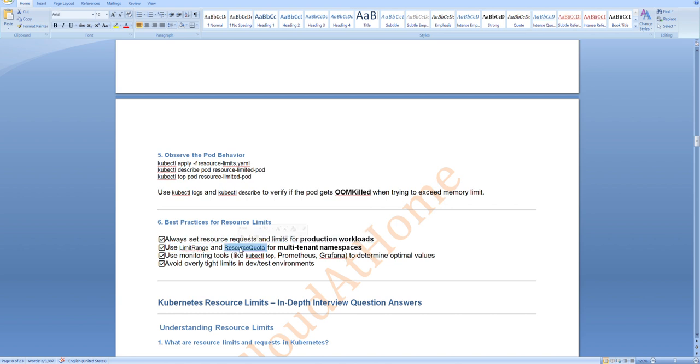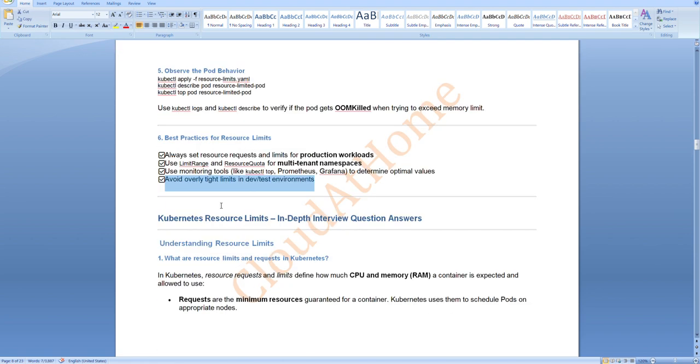Use LimitRange and ResourceQuota for multi-tenant namespaces. Use monitoring tools like kubectl top. Avoid overly tight limits.